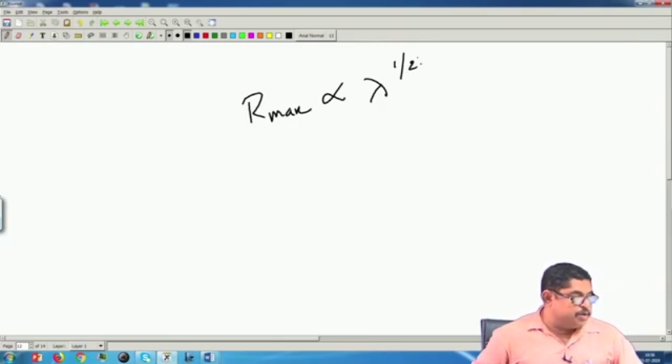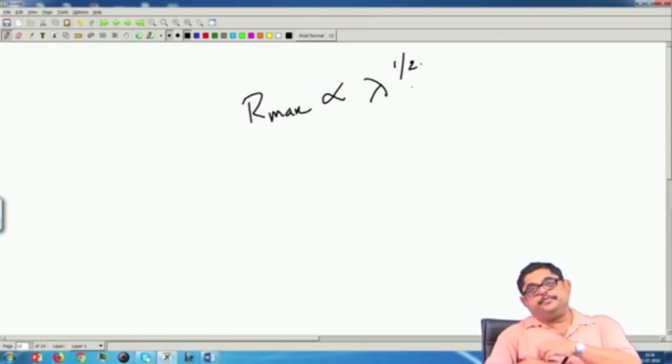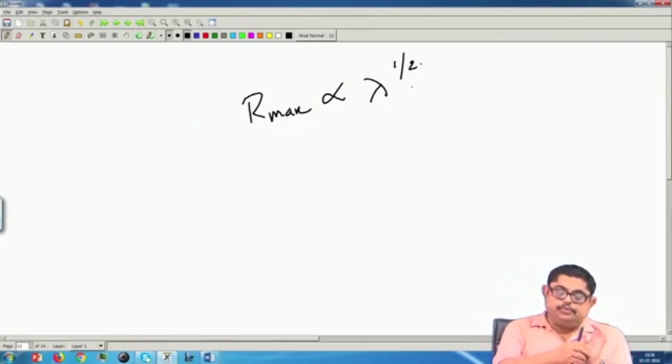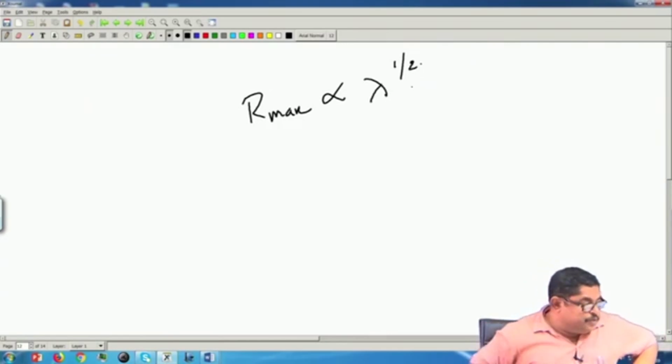You see lambda square to the power 1/4, so it is proportional to the square root of lambda. That is the main thing. That means, if you scale up lambda, R max will scale up in a square root fashion.